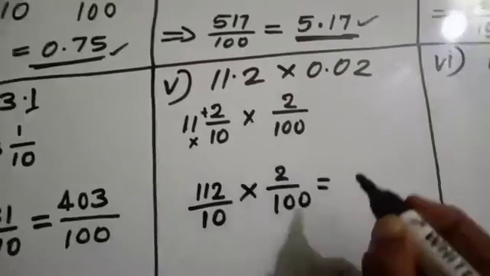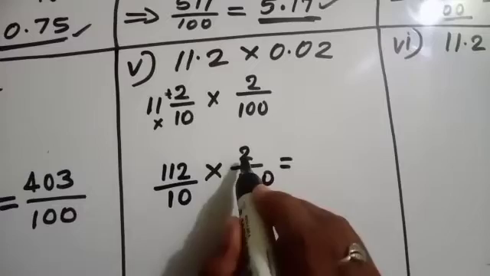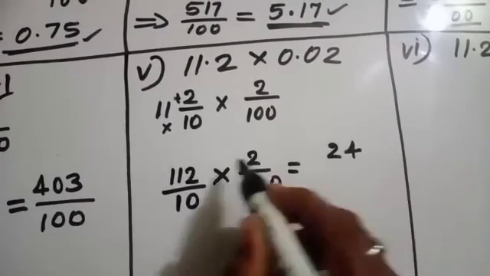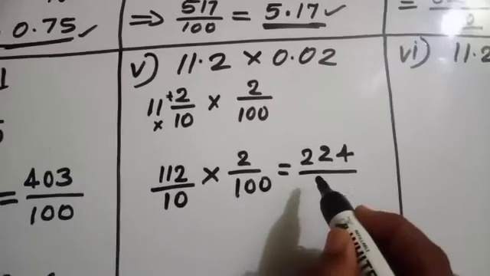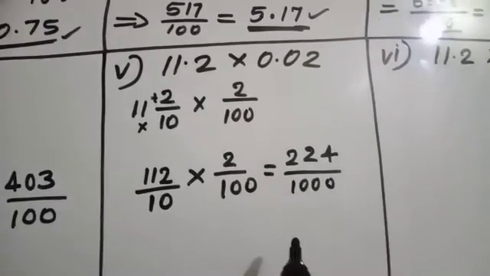So we have got both fractions. Let us multiply. 2 twos are 4, 2 ones are 2, 2 ones are 2. 224 upon 1000, because 10 hundreds are 1000.